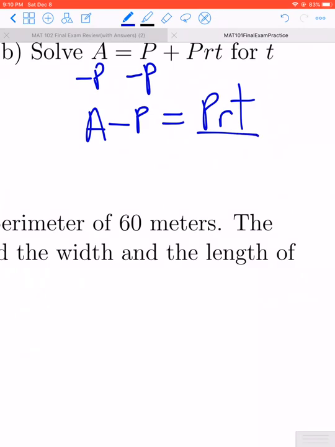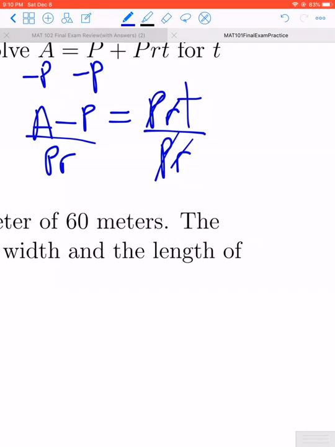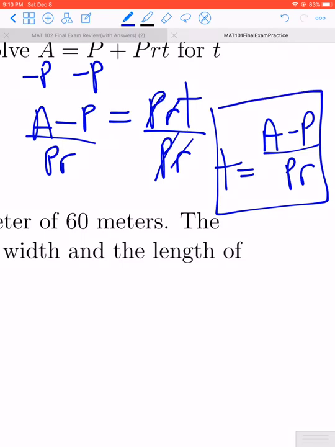Notice that both this P and R are multiplying the t, so we need to divide by both of them. On the right hand side, the P's cancel, as well as the R's, and so we're left with the equation t equals A minus P, all divided by PR. So that's our formula solved for the variable t.